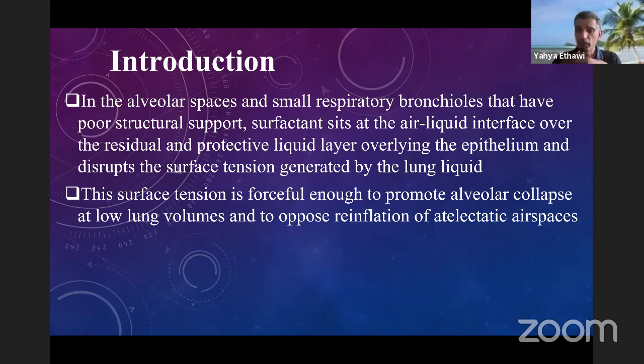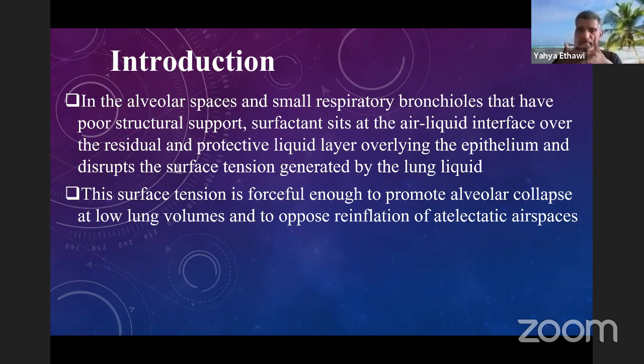As we talked in TTN, this surface tension is created by the bond of the water molecules. So the presence of surfactant as a fat between these molecules prevents this bond.